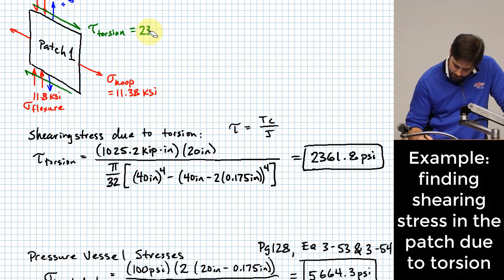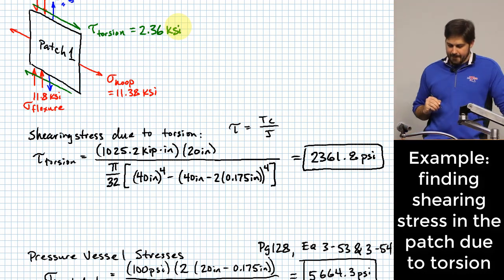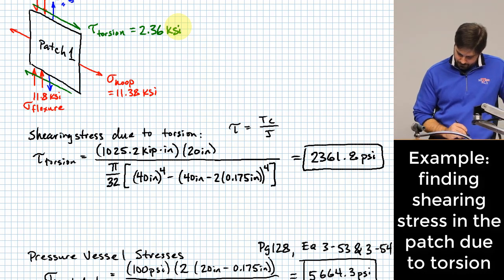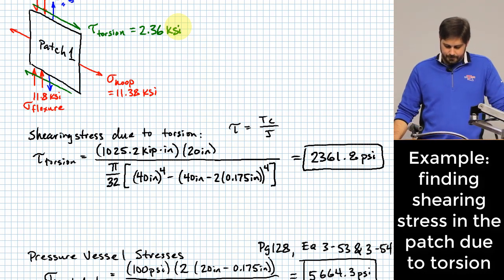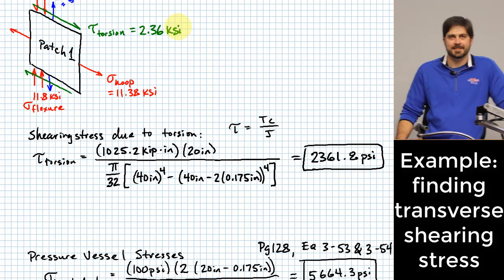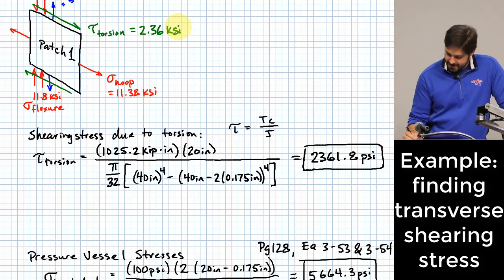Tell you what, I'm doing all these in terms of KSI. That is going to be 2.36 KSI. All right, we're getting close. You feel it? You can feel it? All right.